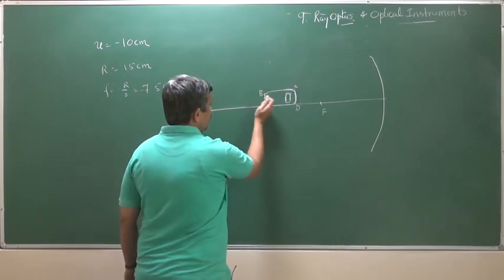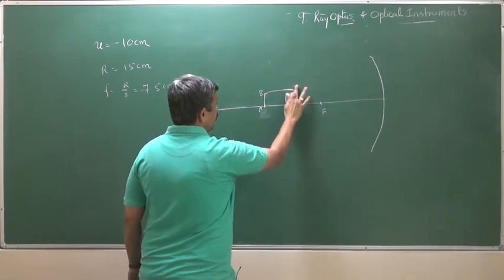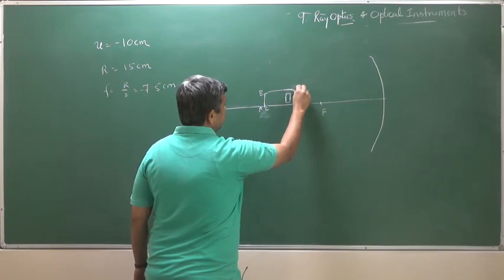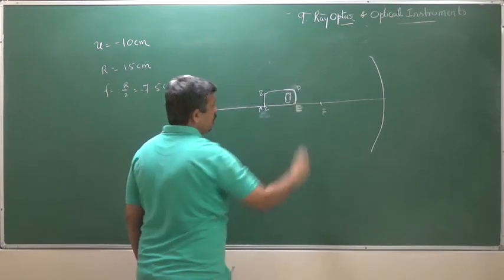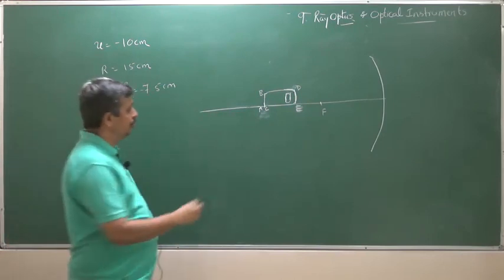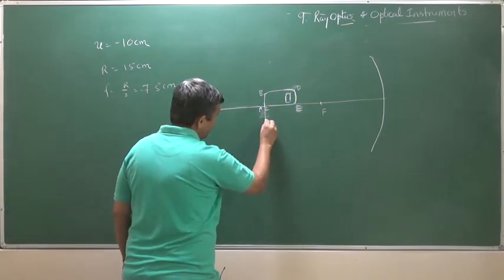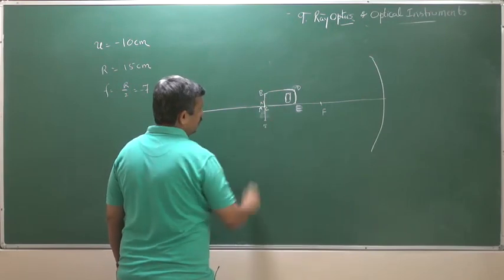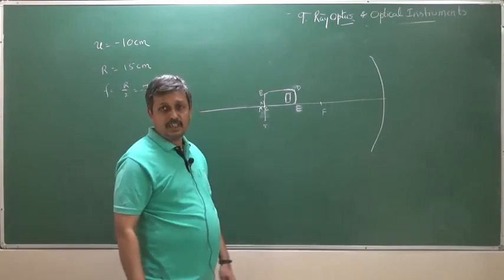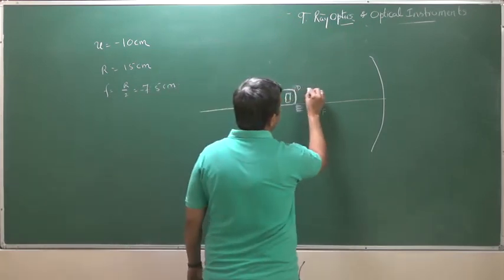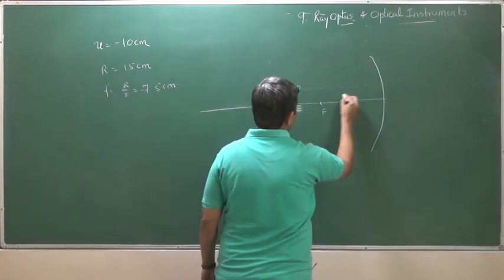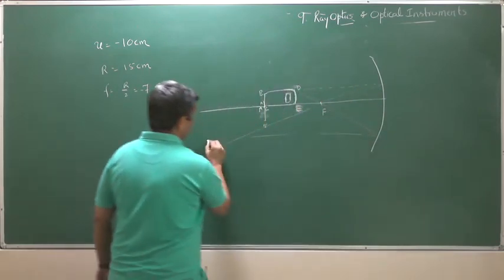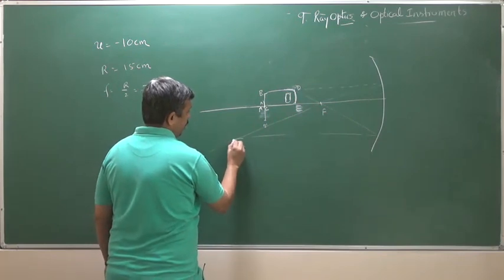So call this one DE. This AB will come here as A dash B dash, exactly the same size, and DE we will calculate where it will come. So DE, if I draw like this and like this, it will come somewhere here.